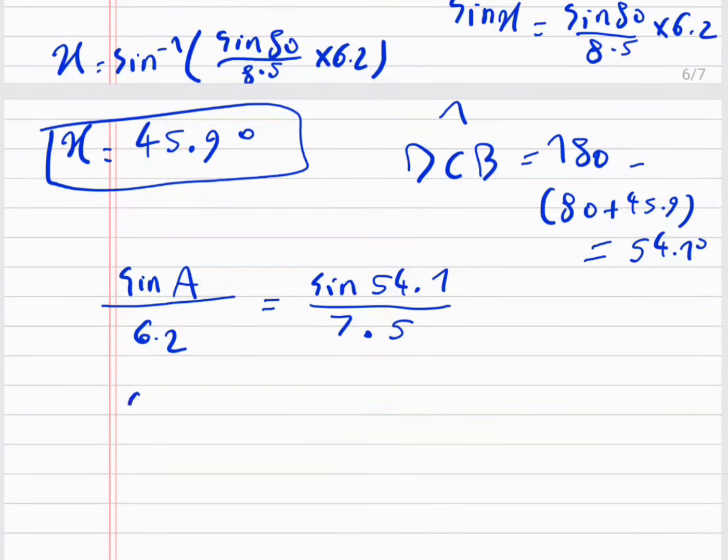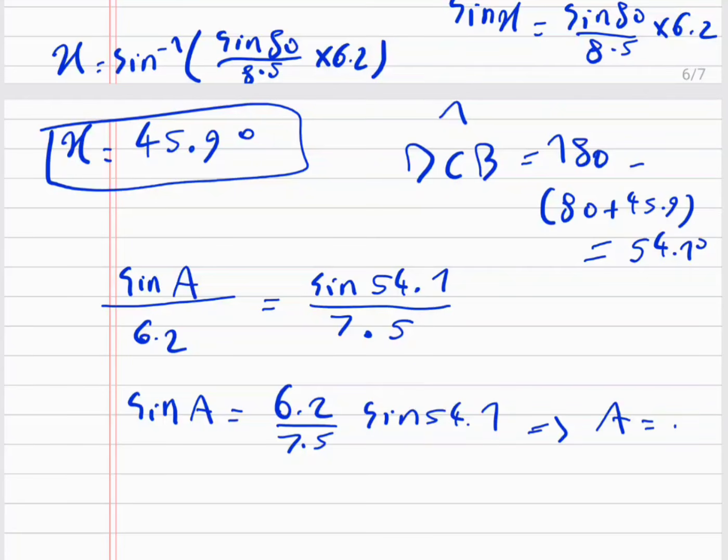Right, so again, we just rearrange this and then find the sine inverse to find the value of A. So A is equal to 42.03 degrees. Right, we are almost done.